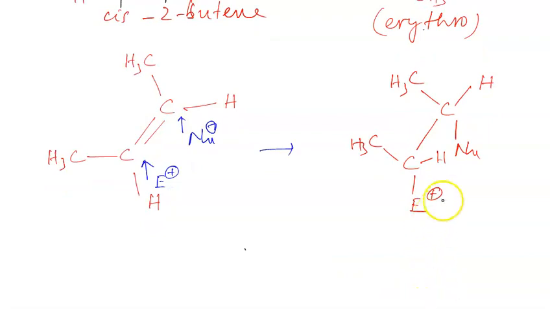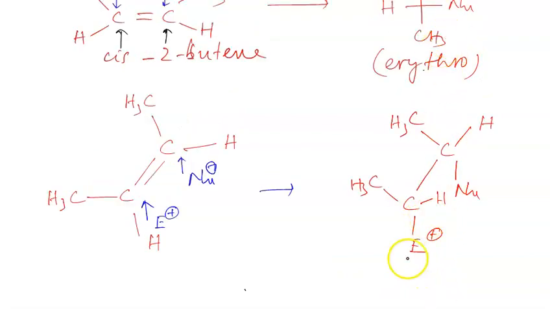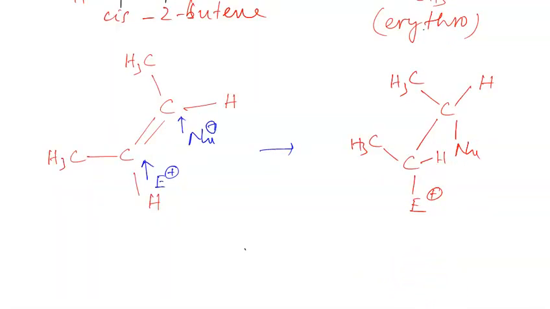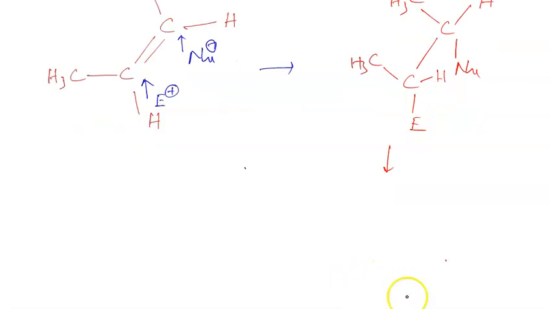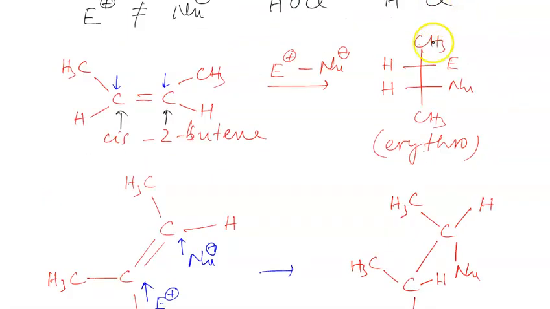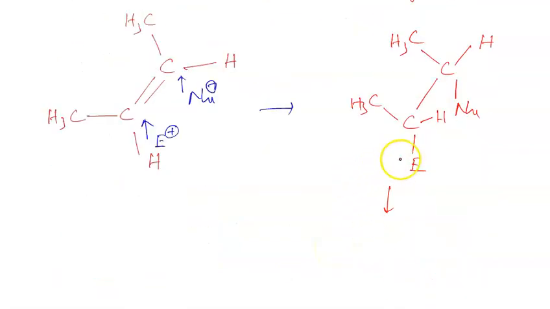Now to get the structure, what do you do? Since it contains a single bond, rotation is possible, it is a conformer and we can write its other conformers also. Since in this structure the CH3 groups are on two opposite sides, we will give rotations to this molecule in such a way that CH3 will come down.